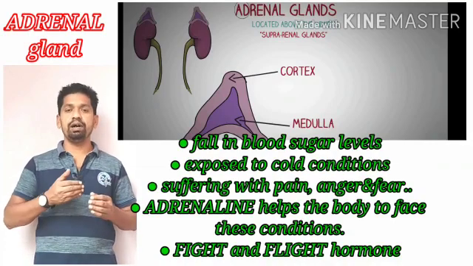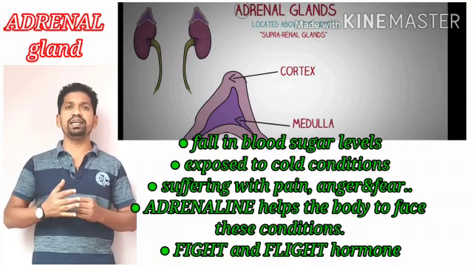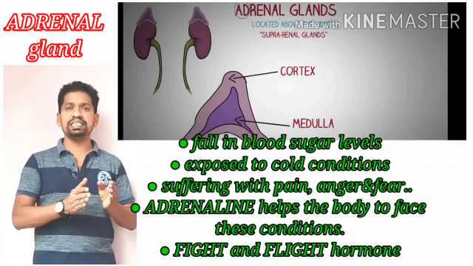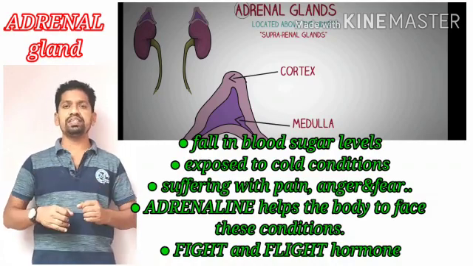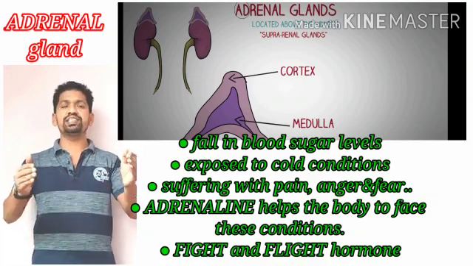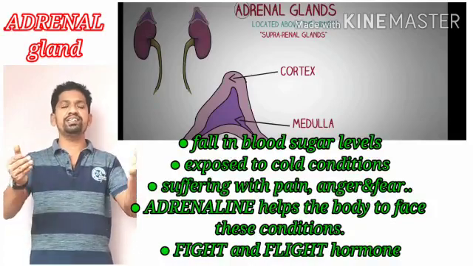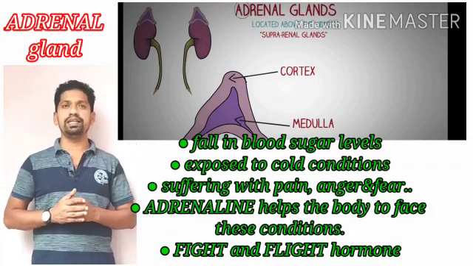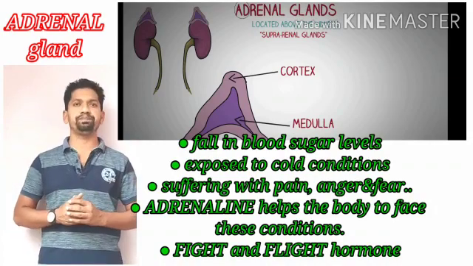We may have a high breath rate and we may have goosebumps on the body. So physical and mental stress is completely controlled by it. We have the ability to face these types of conditions by only one hormone known as adrenaline. That is why it is also known as the fight and flight hormone.